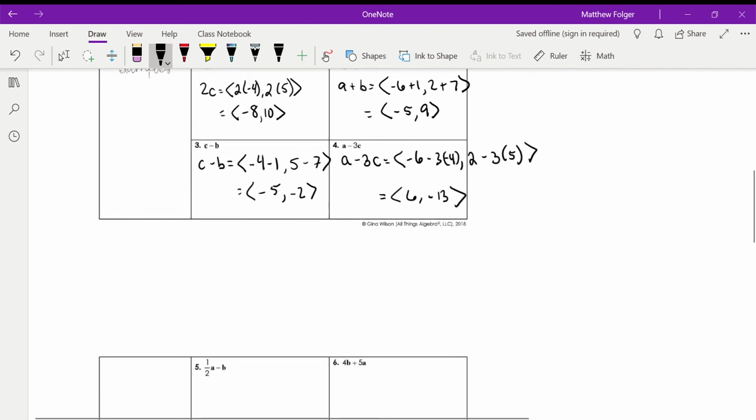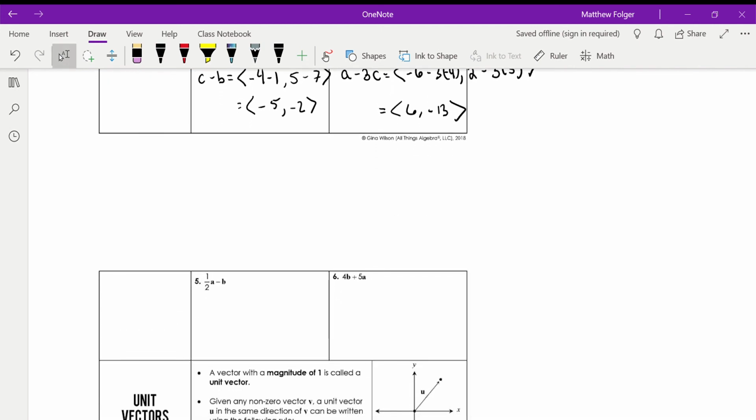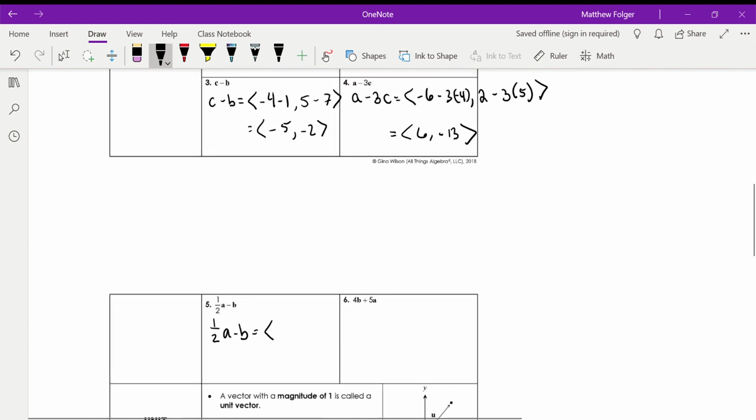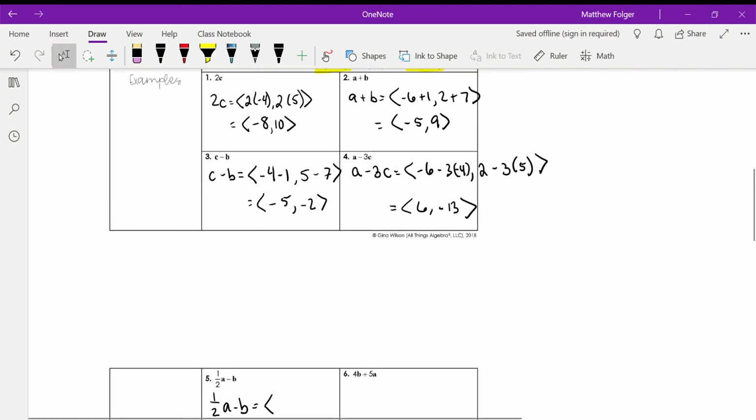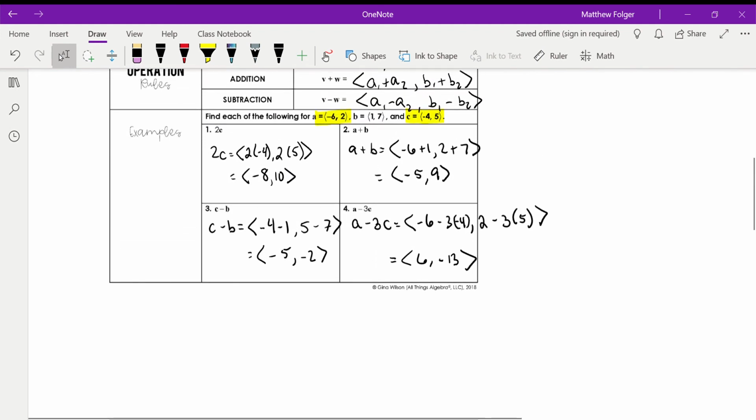Okay, pretty straightforward. Okay, a couple more to do here. Let's do 1/2 A minus B. So first things first, let's do 1/2 A minus B for the first value.